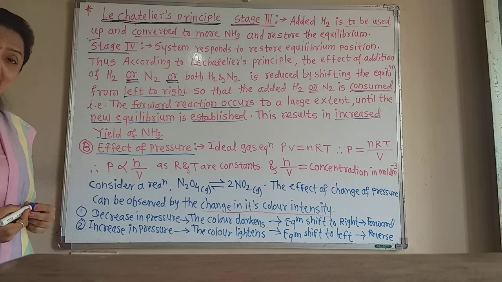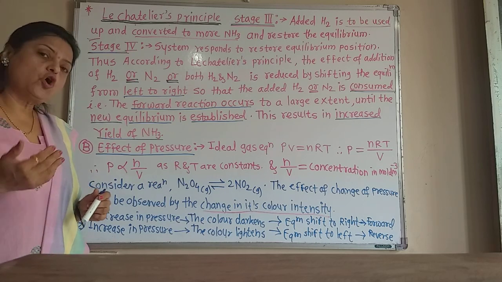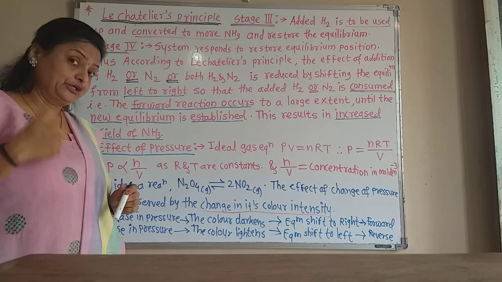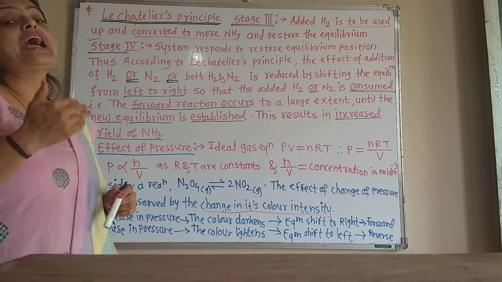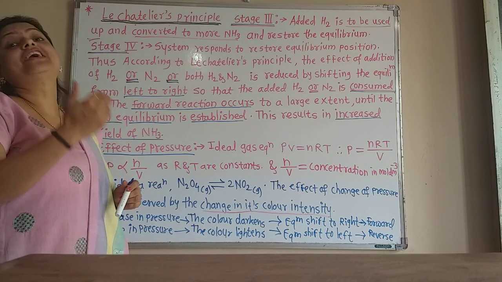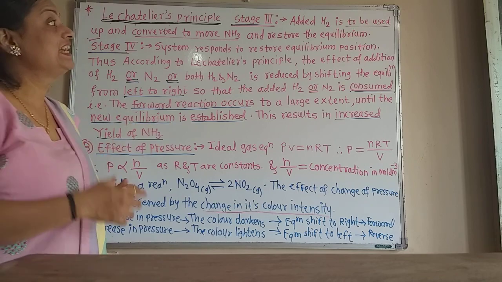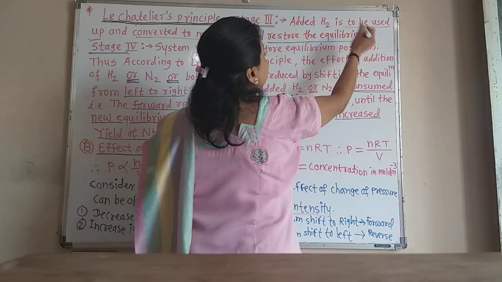The equilibrium is restored by using all the added extra hydrogen. There is formation of more and more ammonia gas, and the reaction again attains equilibrium. That means equilibrium is restored again.